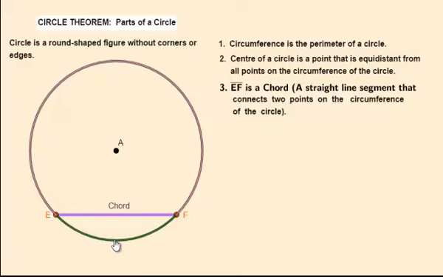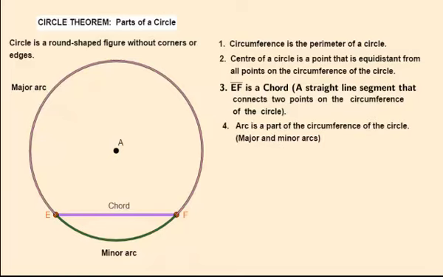Therefore, these 2 divisions are called arcs, and the smaller one is called the minor arc, while the one above, which is the biggest one, is called the major arc.